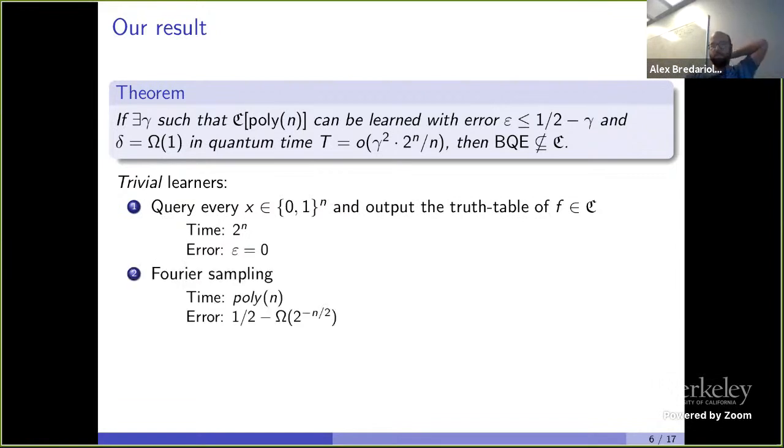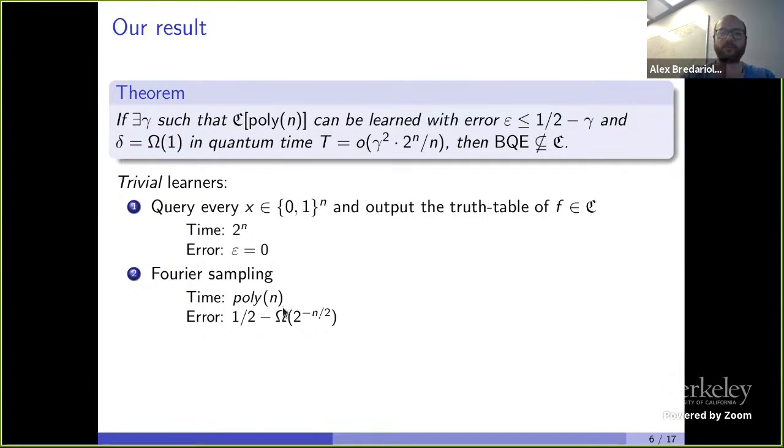And the second trivial learner that works for any function is by doing Fourier sampling, and it takes polytime, and it has error 1/2 minus 2 to the minus n over 2. And this learner is just by applying a Hadamard, by sampling one of the Fourier coefficients of f.